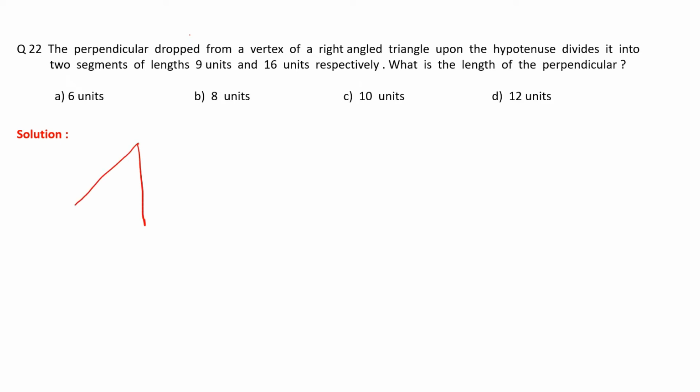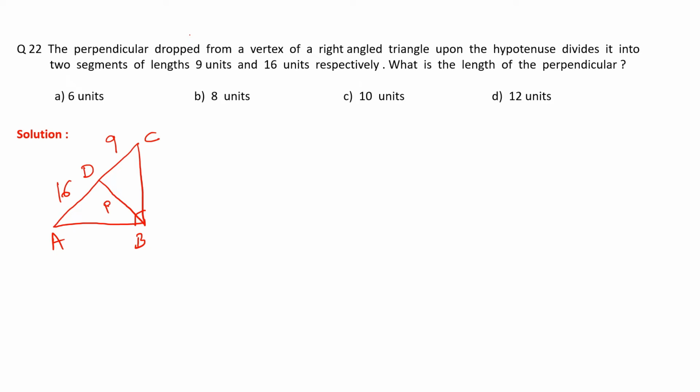Now let us make a right triangle, right angled at B. This is the triangle ABC, and from B I am dropping a perpendicular of length P such that it intersects the hypotenuse at point D. Now according to the question, CD will be 9 and AD will be 16.